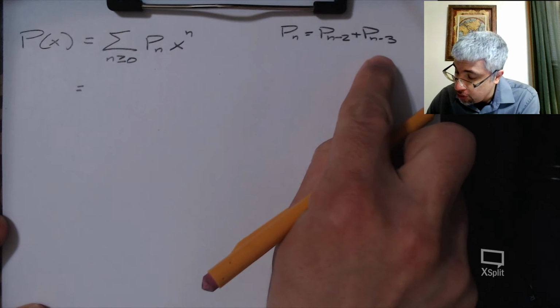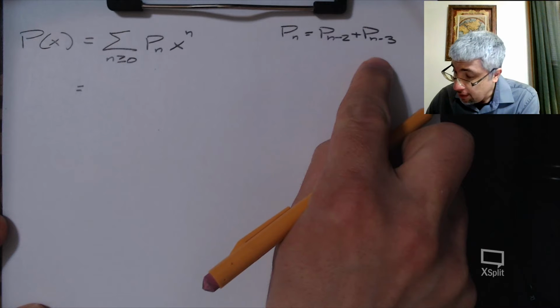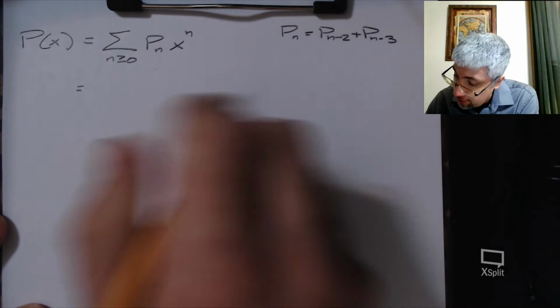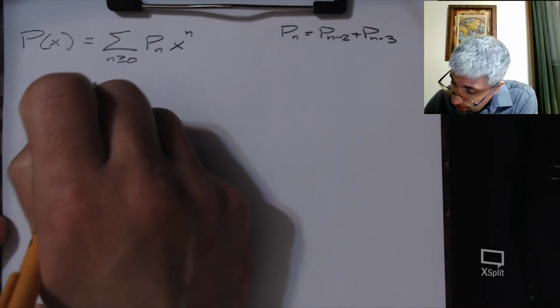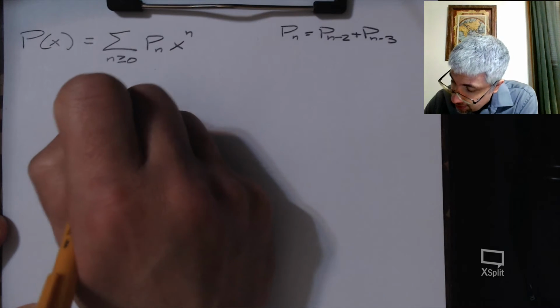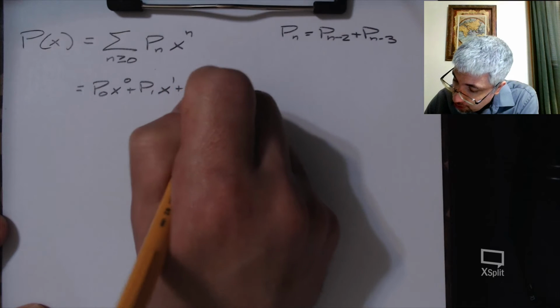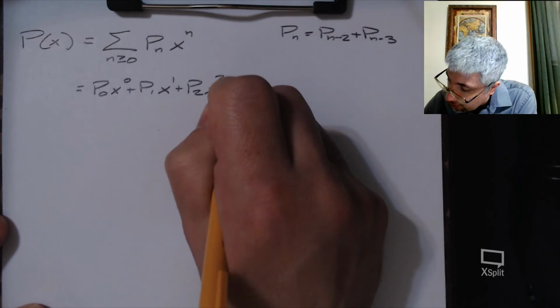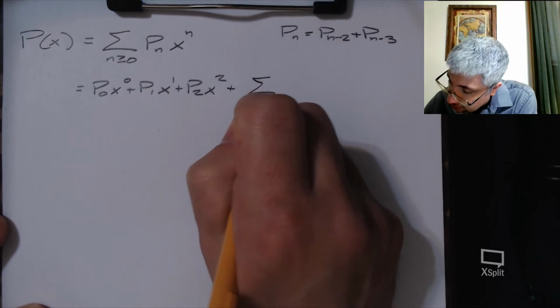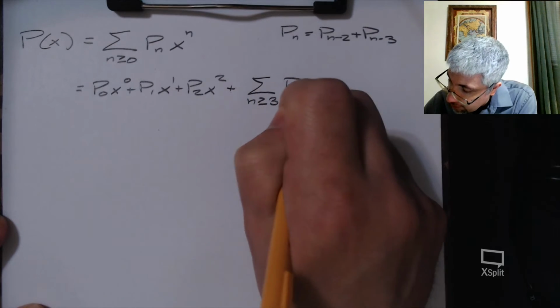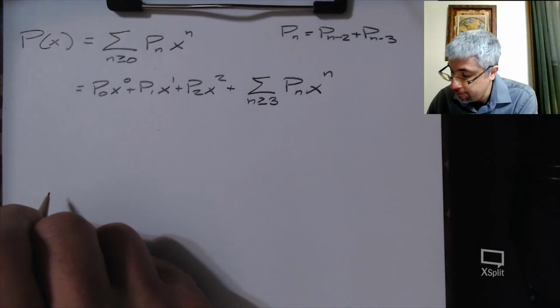But if I go out to term 3, that's fine because term 0 is defined. So I'm going to get P of 0, x to the 0, plus P of 1, x to the 1, plus P of 2, x squared. And now I get this, starting at 3, P of n, x to the n.